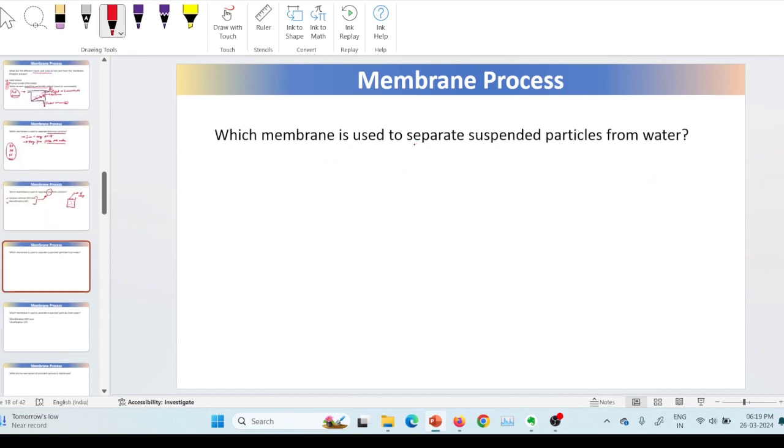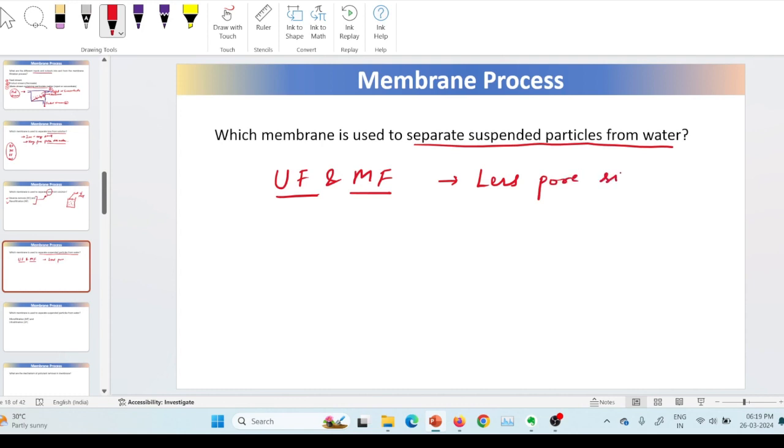Which membrane is used to separate suspended particles from water? Suspended particles can be removed through ultrafiltration and microfiltration, which have larger pore sizes than reverse osmosis and nanofiltration, because particulates are bigger than ions.